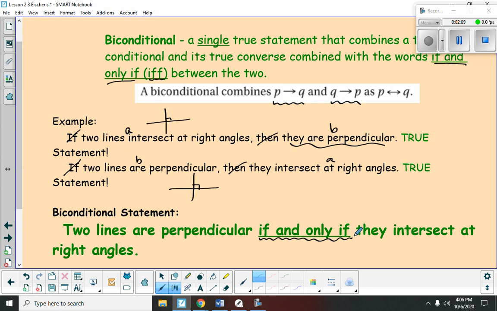Now again, because it's true both ways, you could have switched this part and this part. You could have said two lines intersect at right angles if and only if they are perpendicular. It can be written either way. So to write a biconditional, you drop the if, you drop the then, and you put if and only if in the middle, and you can write IFF instead of writing all the words.